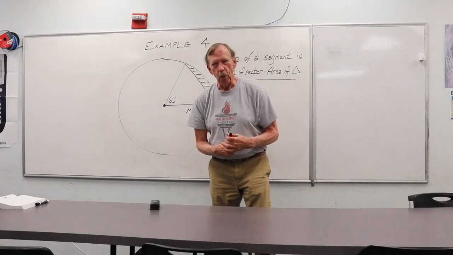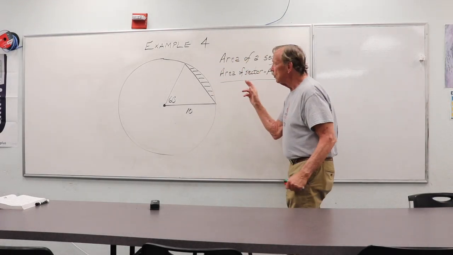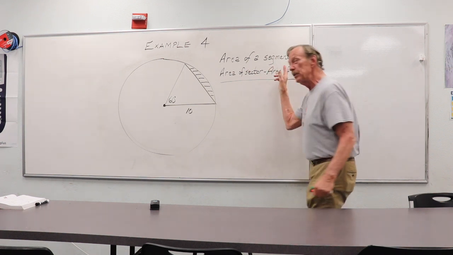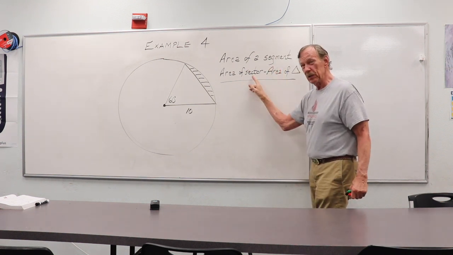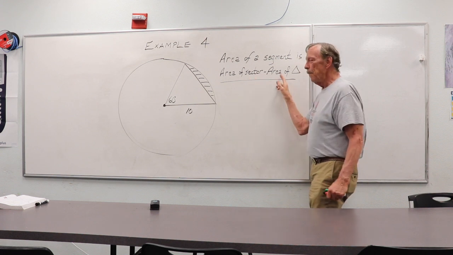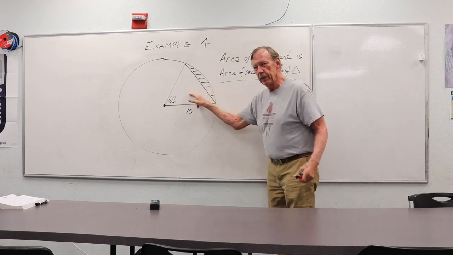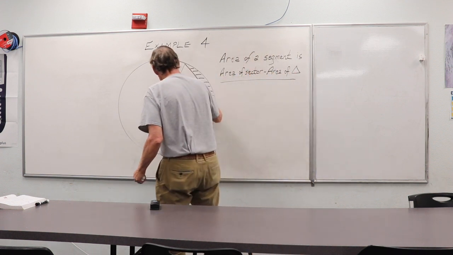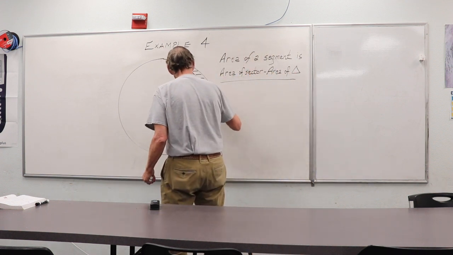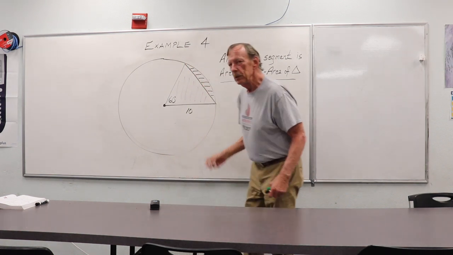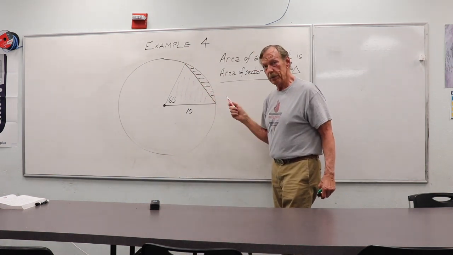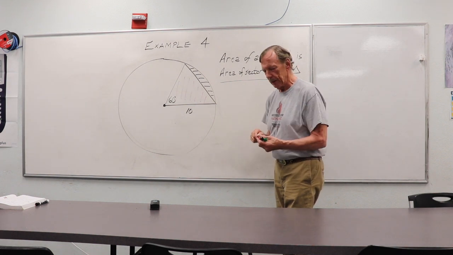In example 4, we're tasked with finding the area of this segment. Now the area of a segment will be the area of the sector it's in minus the area of the triangle. So to find the area of this little black piece, we first have to find the area of the whole sector.